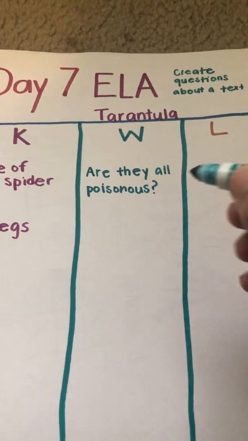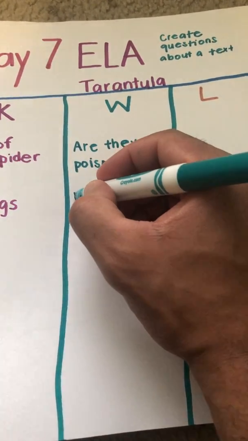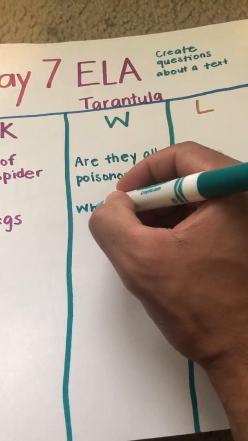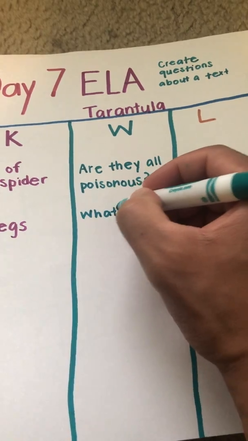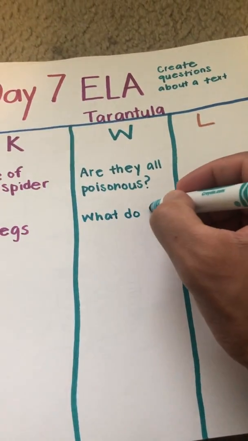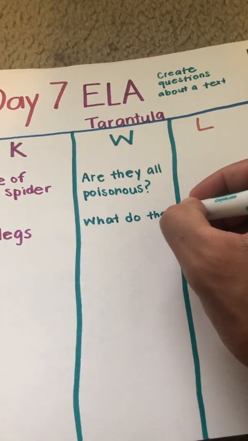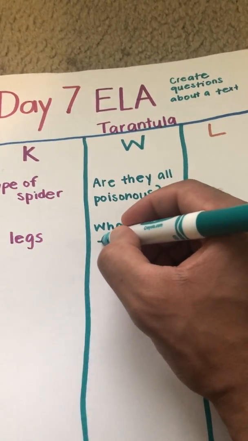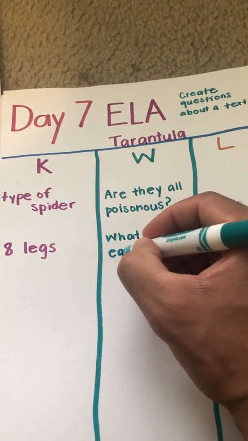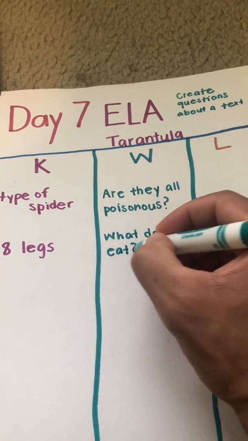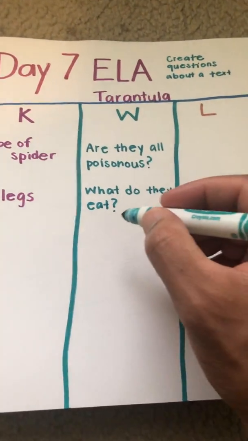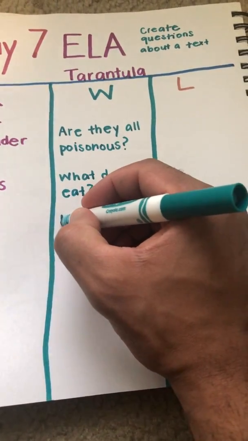Another thing I would want to know is, what do they eat? And the last thing I would want to know is, how long do they live?